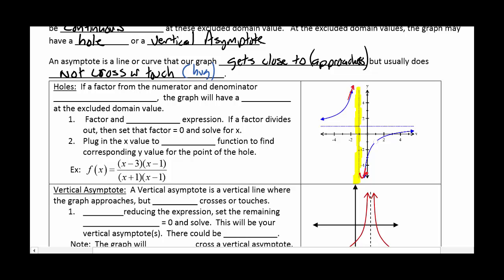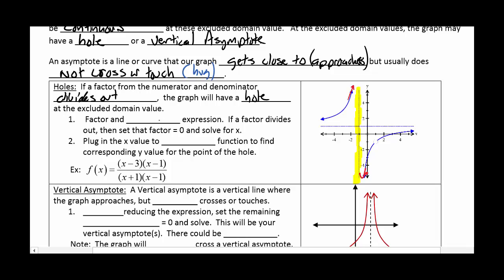Okay, now the second characteristic that comes out is something called a hole. So let's go through what defines a hole. If a factor from the numerator and denominator divides out, the graph will have a hole at that excluded domain value.